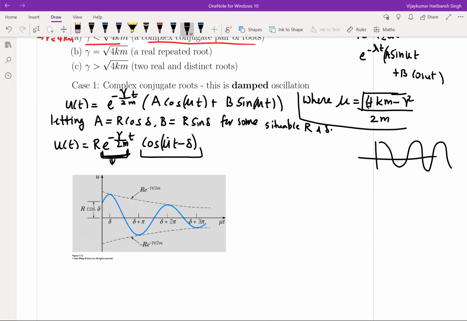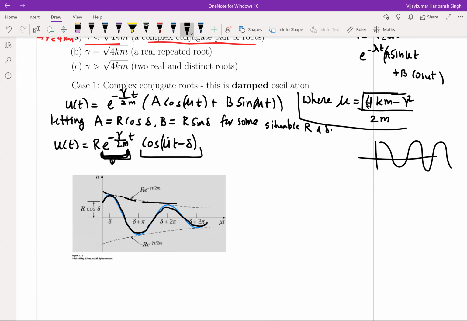As t goes on, your amplitude is also decreasing, so your motion is getting smaller and smaller. Eventually it will lead to what?